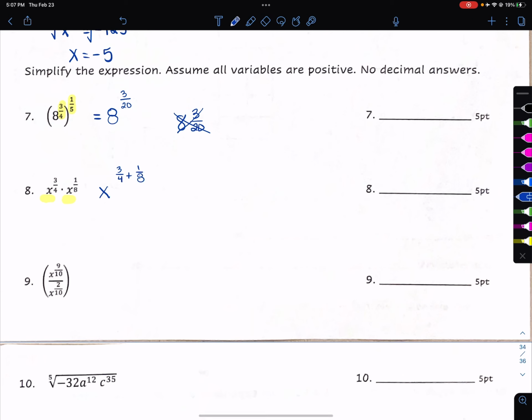Now before I can add the exponents, so anytime you're adding fractions, they have to have a common denominator. So I've got to multiply this one by 2 and multiply this one by 2 so that I have a denominator of 8. So that will give me x to the 6/8 plus 1/8. Now I can add the exponents. So I have x to the 7/8 power.